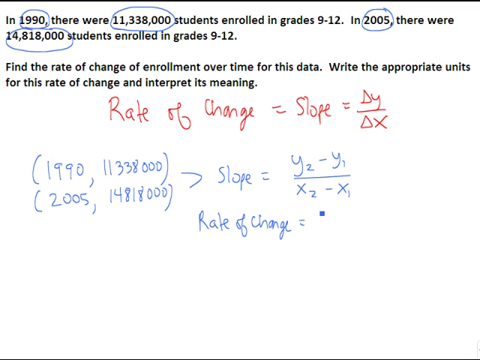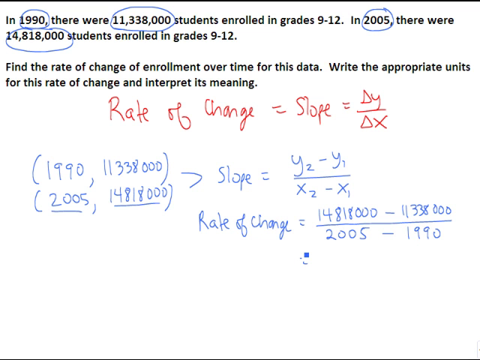So that's going to be 14,818,000 minus 11,338,000. Doesn't matter which one you start with. I usually start with the larger one. Those are the y's. On the bottom, since I started with the 14 million number, I need to start with the 2005 number. So my first x is 2005, my second x was 1990.